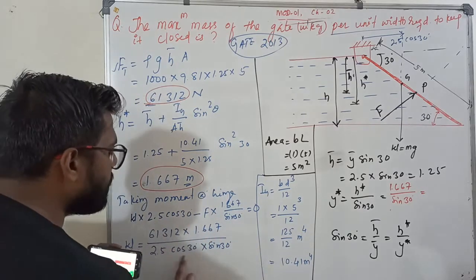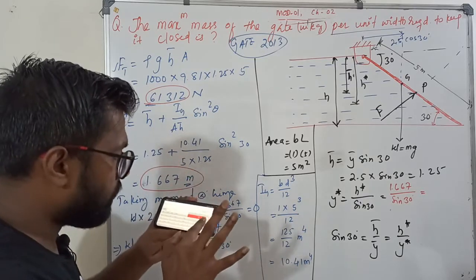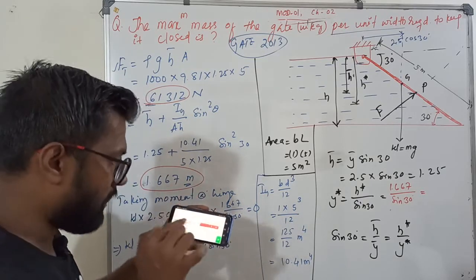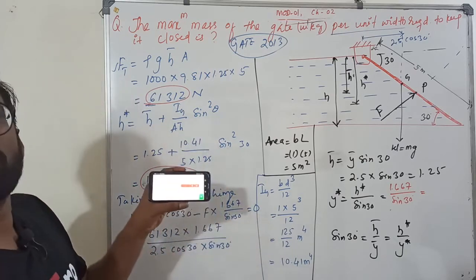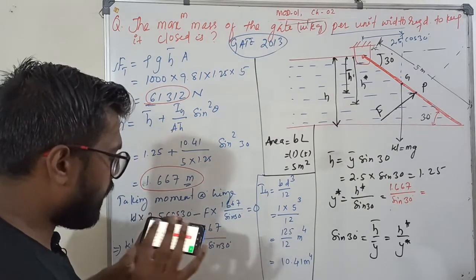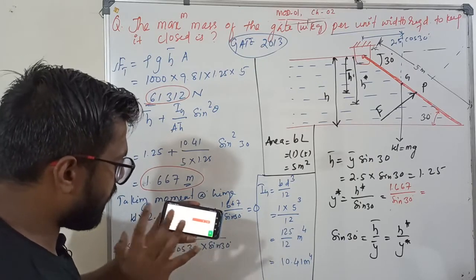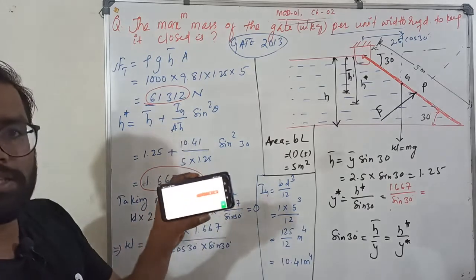Listen to me. How do you type cos 30 here? You cannot type cos into 30. You have to type first 30 then cos. This is how your virtual calc works. Similarly, how will you type sin 30? First 30 then sin.